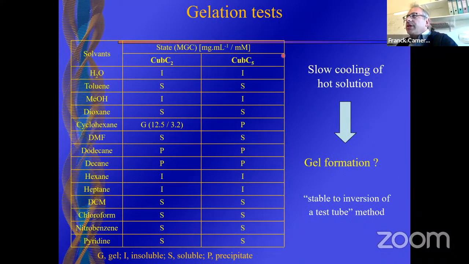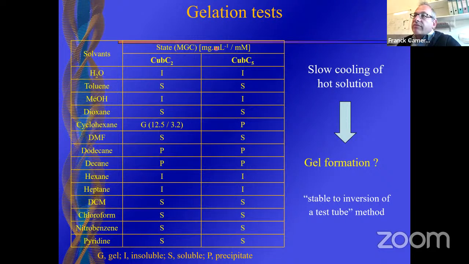So after, we check the gelation abilities of this cubane in several solvents. So when you synthesize new molecules and you want to know if it is a gelator, you have to test several solvents. So for this, you introduce your powder into a solvent, you heat the solution and you cool, and you see if you make a gel or not.